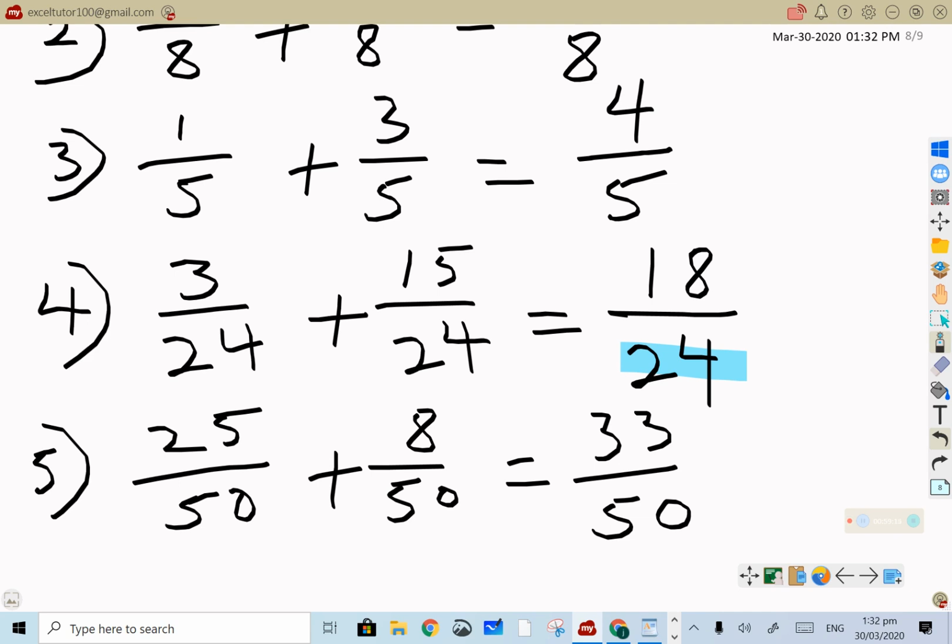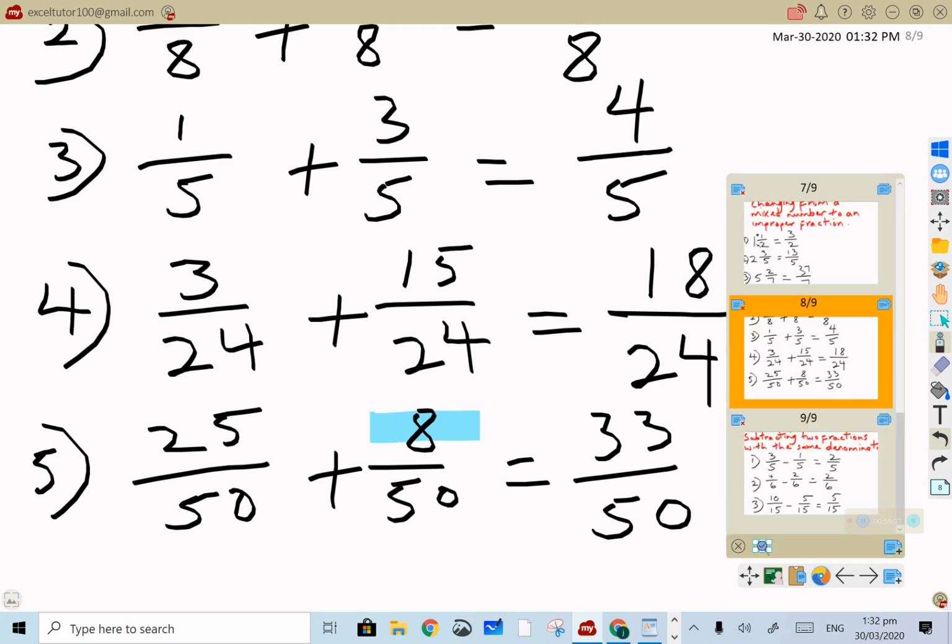So all we have to do is add the numerators. 3 plus 15 is 18. Same denominator, same denominator. We just add the numerator. 25 and 8 is 33.